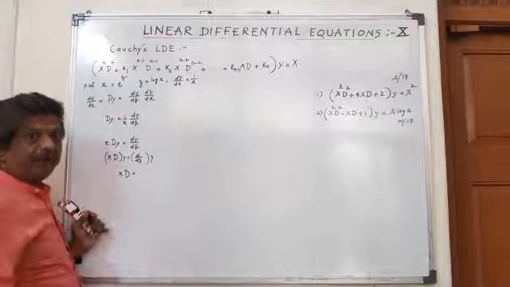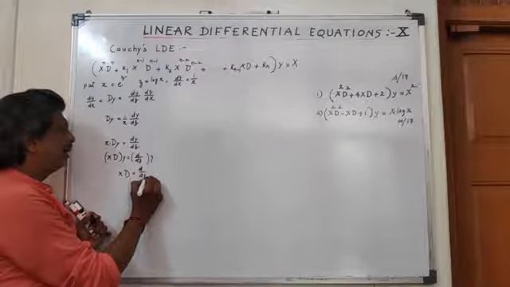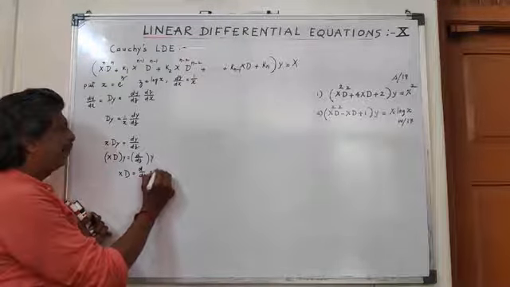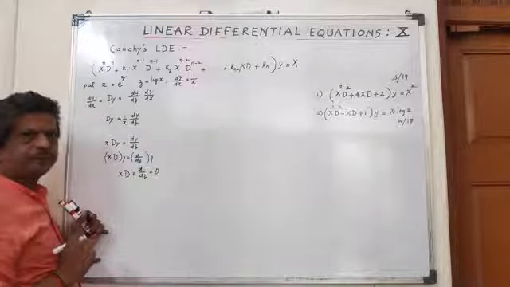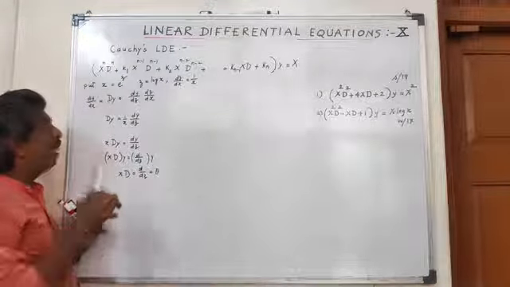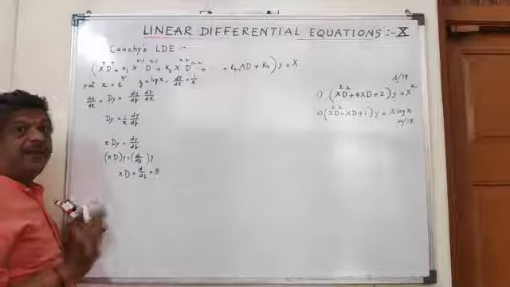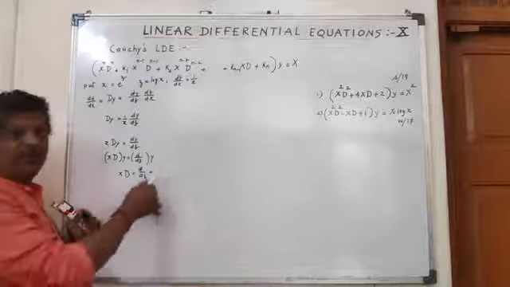For the sake of convenience, we are substituting d by dz as theta. So what happened here? If I put x equal to e raised to the power z, then xD becomes theta.